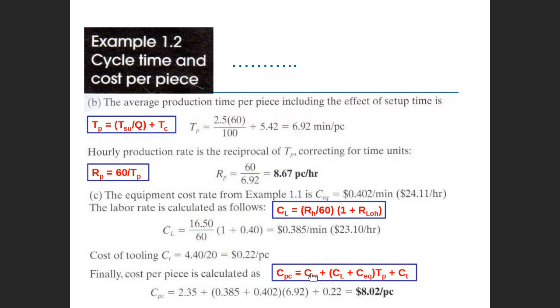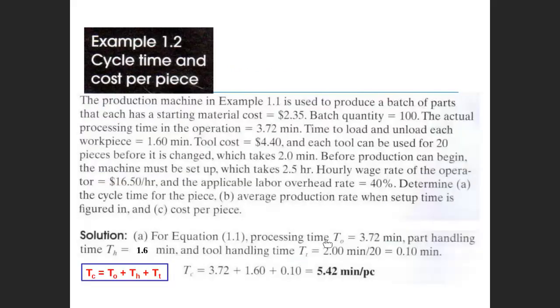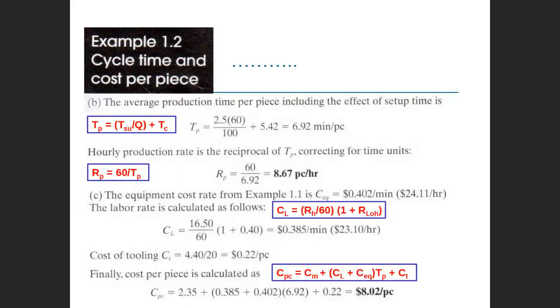Cm is given, he gave me this one. Ct, be careful, because Ct, the cost of the tool, is here. If you remember, the cost of the tool is $4.4. And the tool is being used for 20 pieces, so the cost of the tool equals 4.4 divided by 20, right?